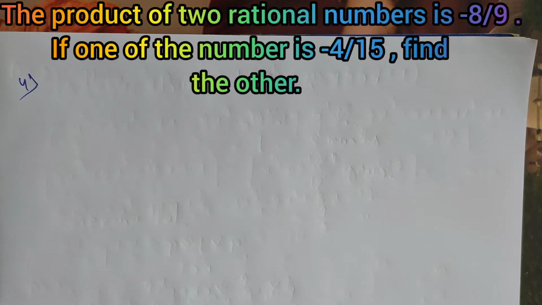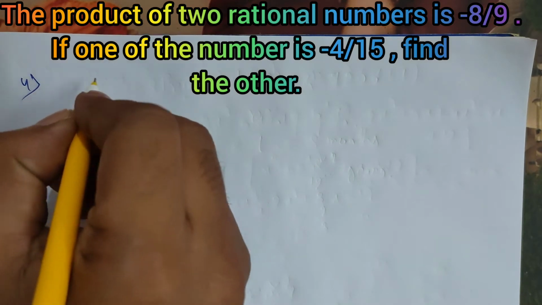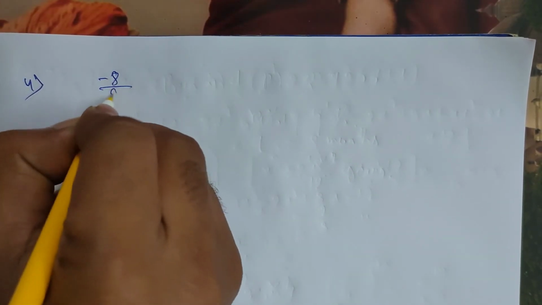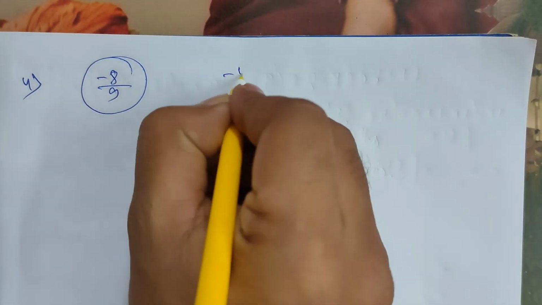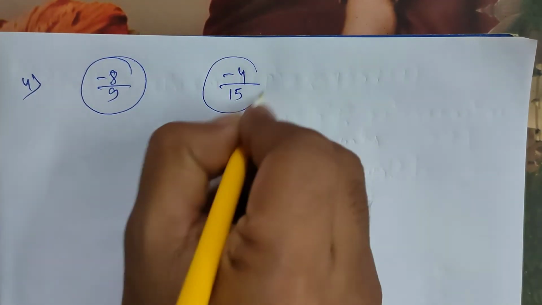Question number 4. The product of two rational numbers is minus 8 by 9. If one of the numbers is minus 4 by 15, find the other number. So here the product is given, minus 8 by 9, and one number is given, minus 4 by 15. We don't know the other number.